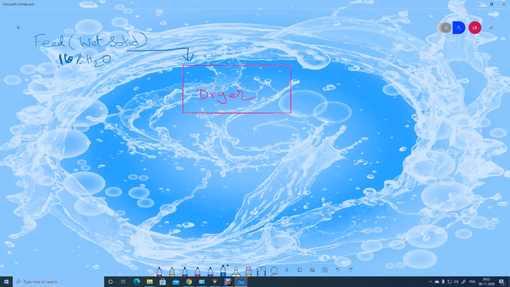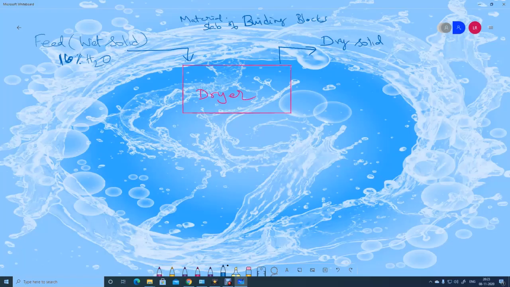So this leaves the product. We have our dried product, dry solids. Here it is slab. The material here is building material, slabs of building blocks.